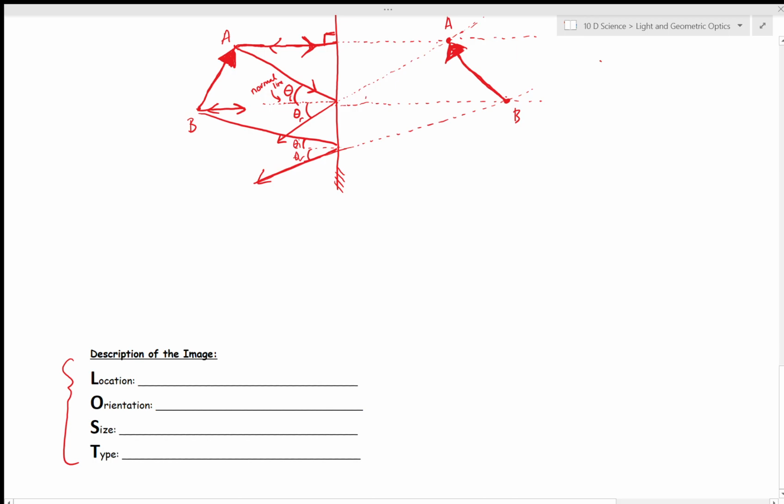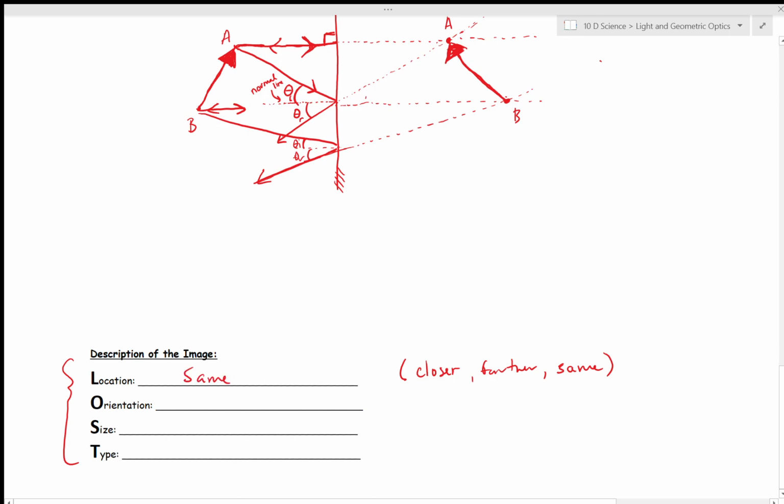So you've got a couple options here in terms of the descriptive words. You can have it either closer to the mirror, farther from the mirror, or the same distance. So in terms of this particular diagram, my reflection is the same in terms of its location relative to the mirror.